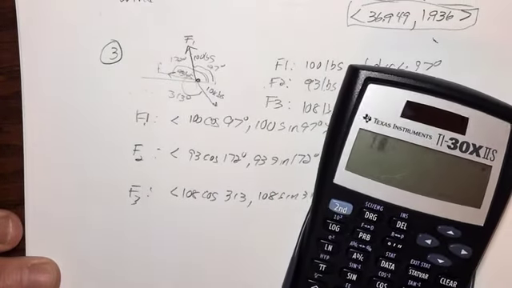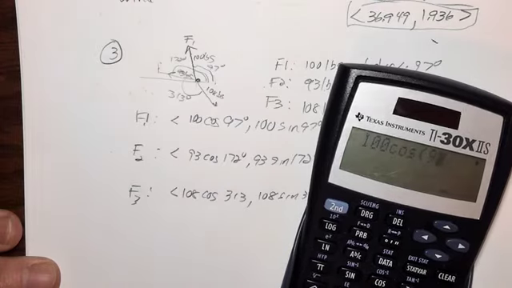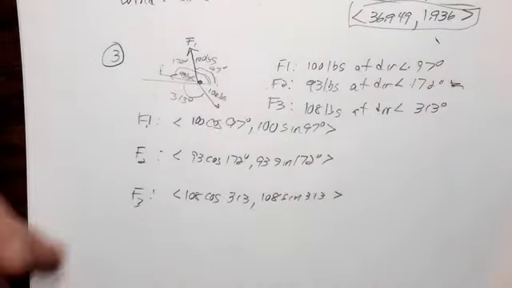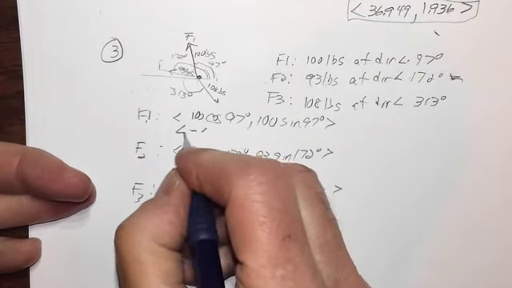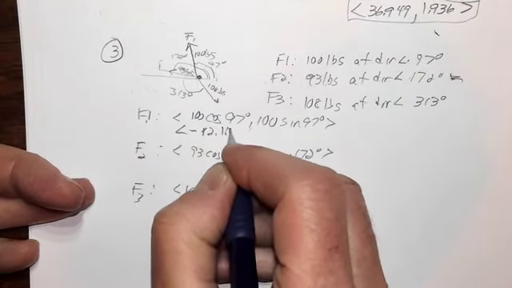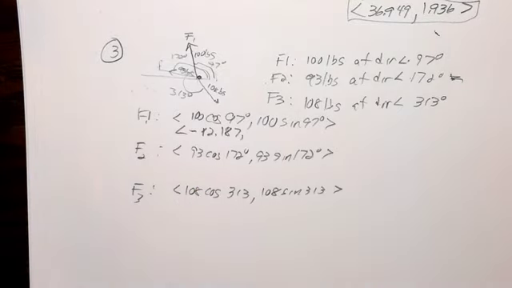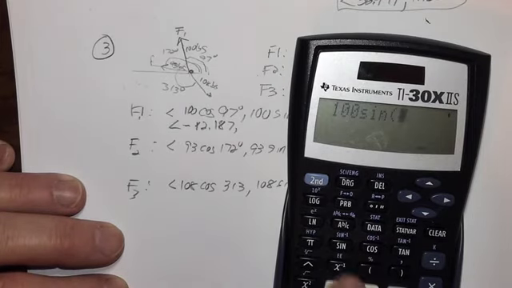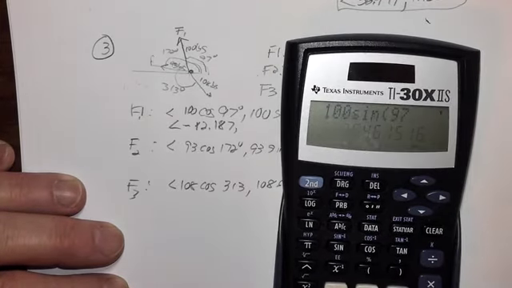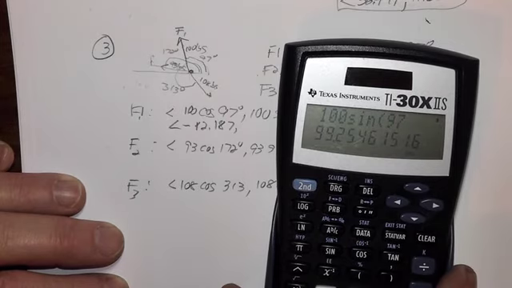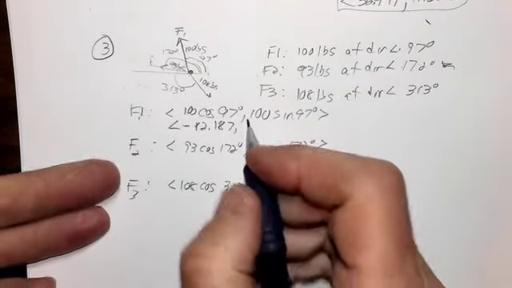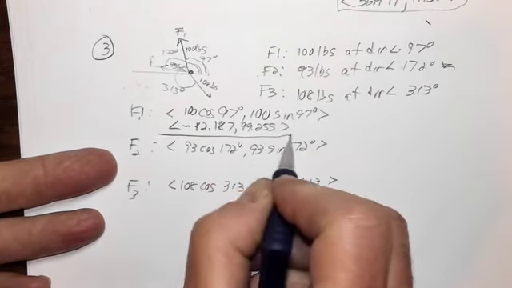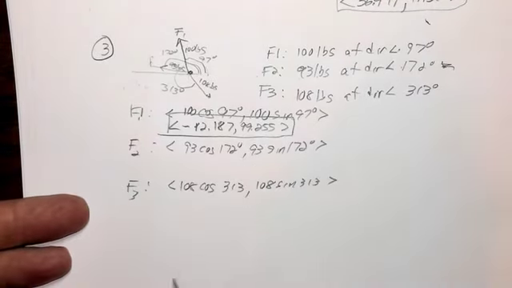So 100 cosine of 97, and I get negative 12.187, and 100 sine of 97, and I get 99.255, and there's the component form of force 1.